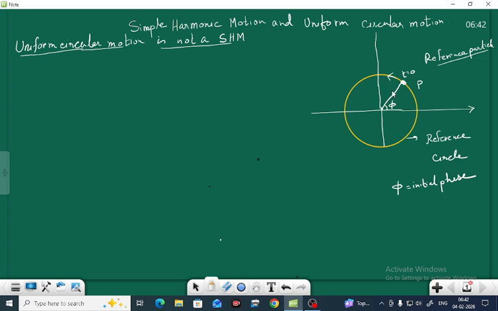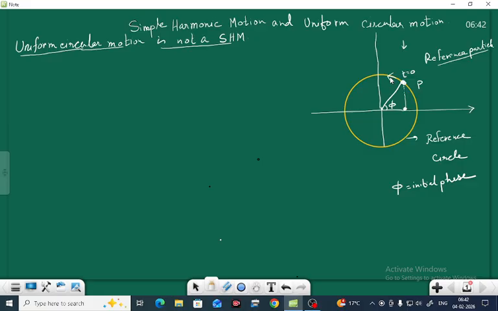And if we take a projection, projection means if we give a light here, the shadow of this particle will fall on this x-axis here, right? You see, this is a straight line. The shadow of this particle will fall here.